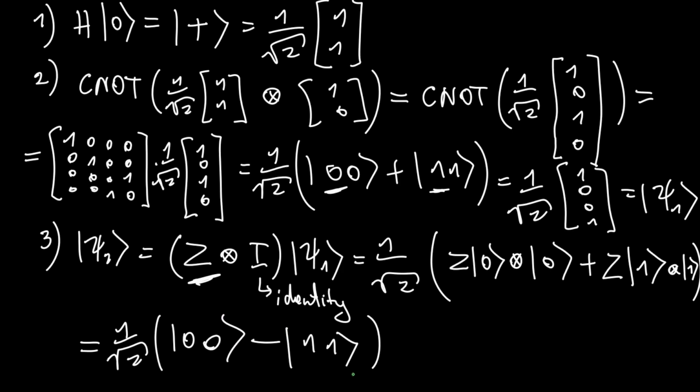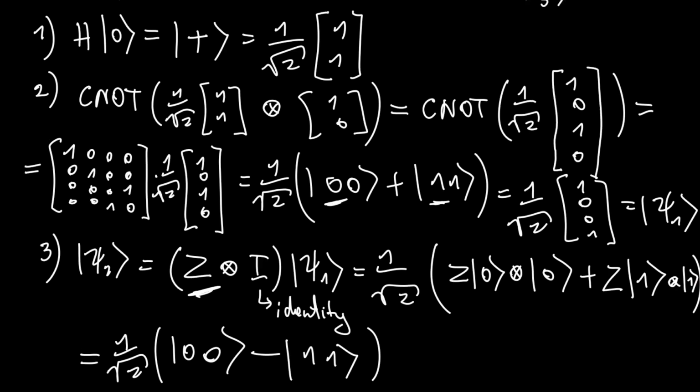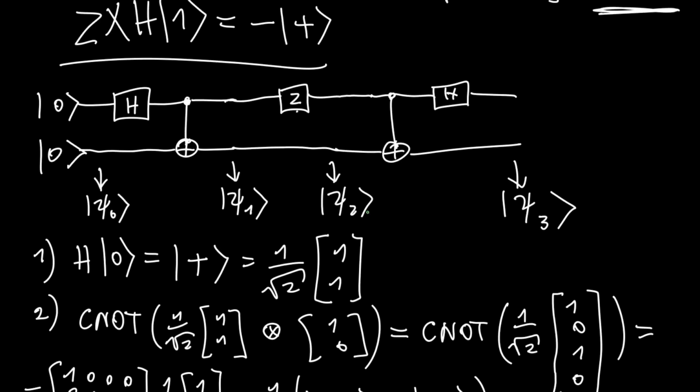So as you can see, Z changed our phase. It was plus and it became minus. Yes, and this is also sometimes written as phi minus, if I'm not mistaken. But let's forget that for now. And yes, and now we're at this state.